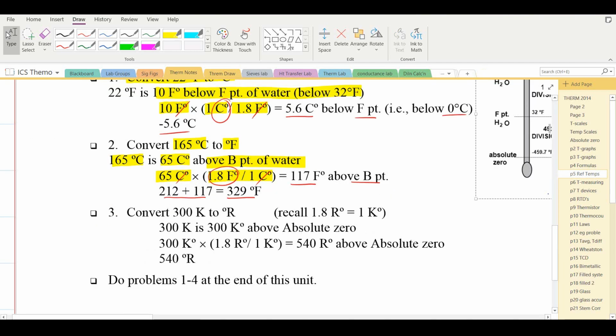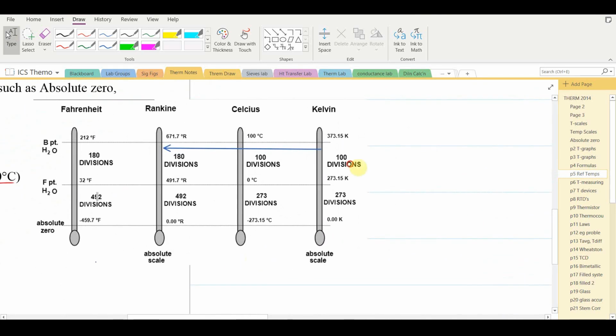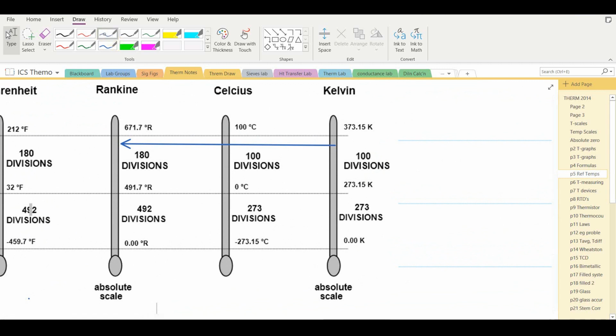Number 3 says convert 300 degrees Kelvin to degrees Rankine. Okay, we're going to use the reference method. Let's find 300 Kelvin on the Kelvin scale. That's about here somewhere. Now, how far is that from a reference temperature? Well, we could use a variety.